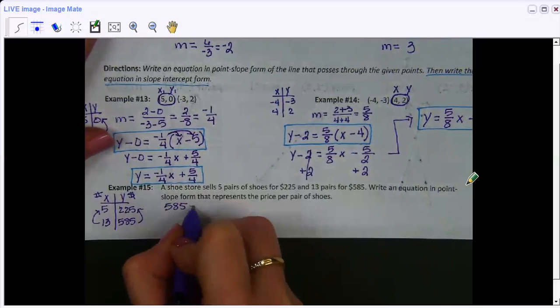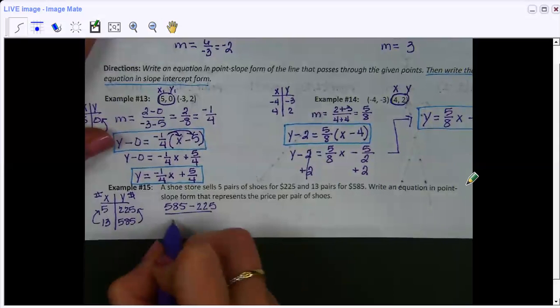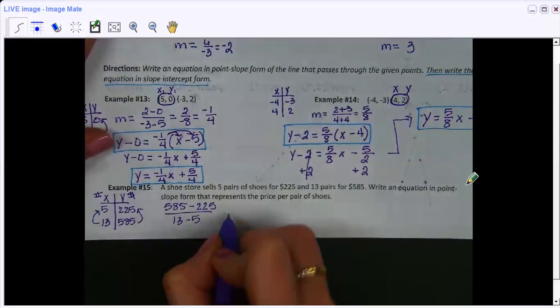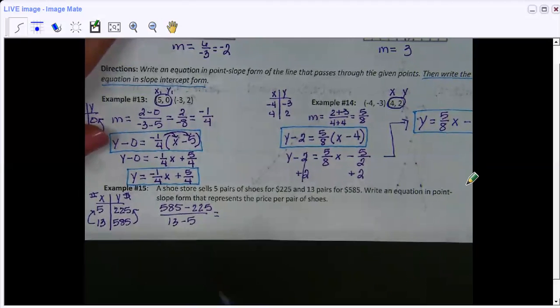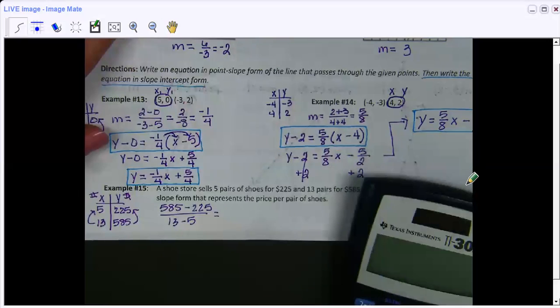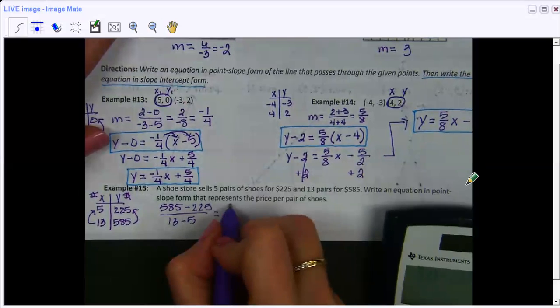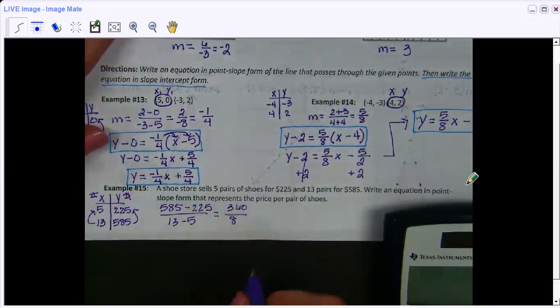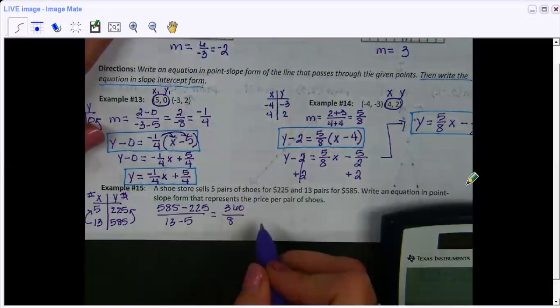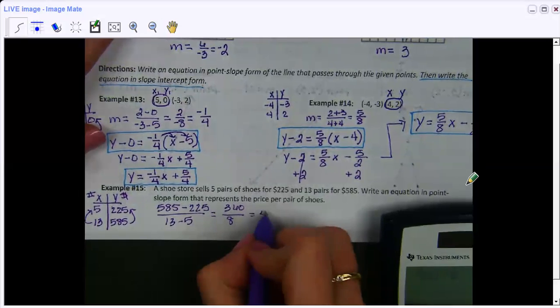So we have 585 minus 225 over 13 minus 5. Basically, this is gonna tell us the cost per pair of shoes, okay? So 585 minus 225 is 360. 13 minus 5 is 8. And 360 divided by 8 is going to give us 45.